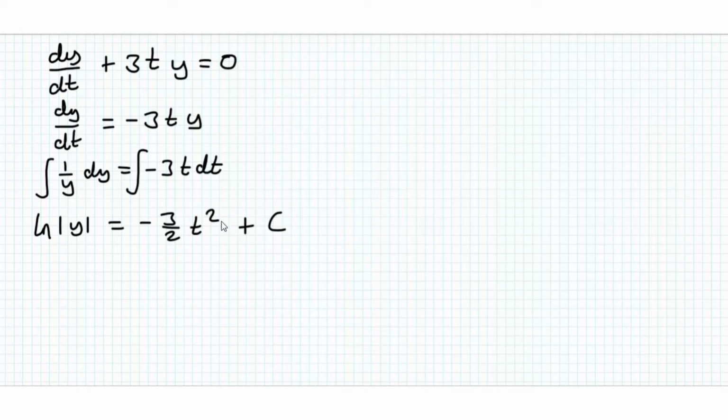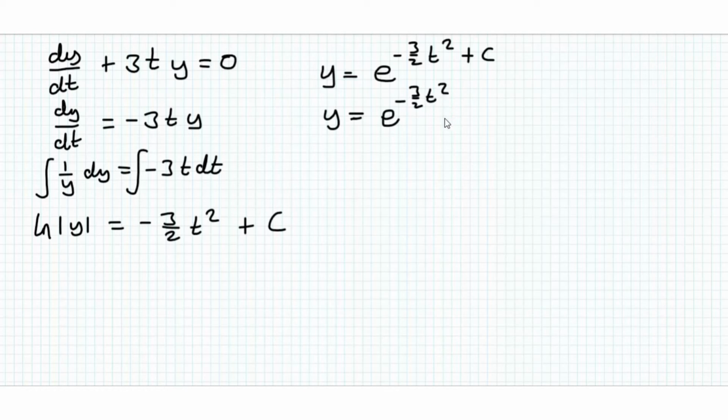But then we're going to look to rearrange this, so y is equal to e to the minus 3 over 2 t squared plus c, and this means that y is equal to e to the minus 3 over 2 t squared multiplied by e to the c, by indices laws.